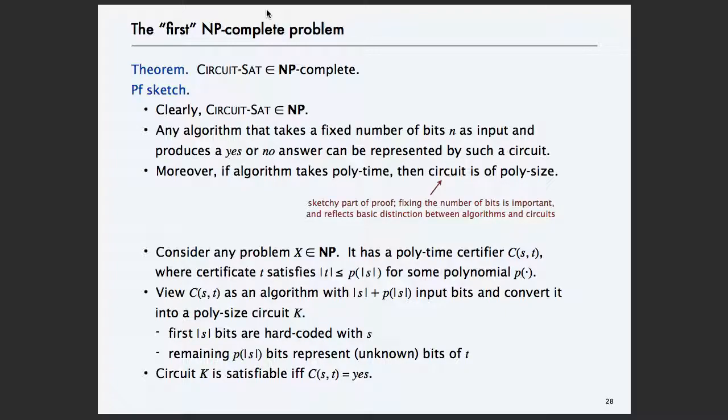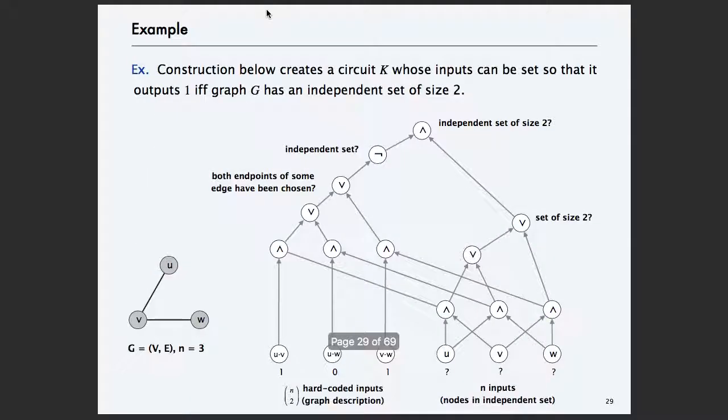So we can transform any problem in NP into a circuit satisfiability problem. And so circuit satisfiability is in NP complete. It is in NP, and any NP problem can be transformed into that.